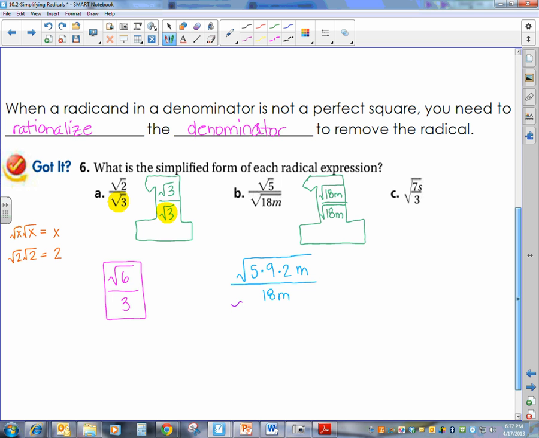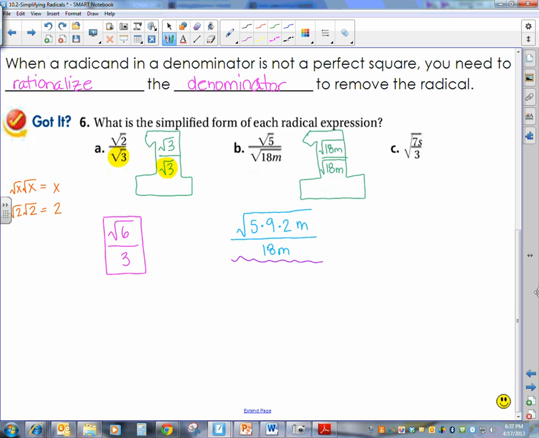That's what we did before, so the whole point is to get rid of that radical in the bottom. Okay, I've got to simplify the top. So the top becomes 3, because there's my perfect square right there. So I take that out, it becomes a 3. All this is left inside because it's not a perfect square. So that's 10m over 18m.